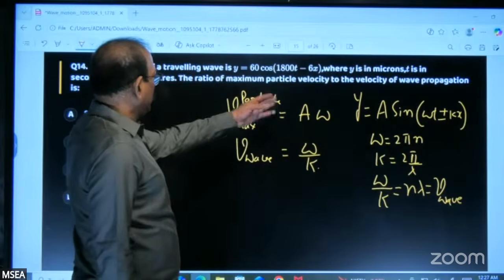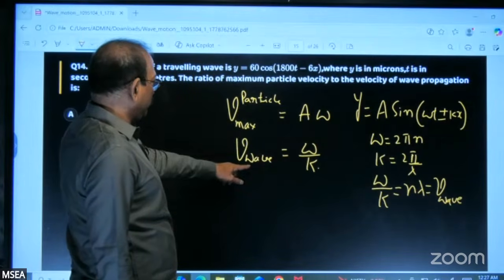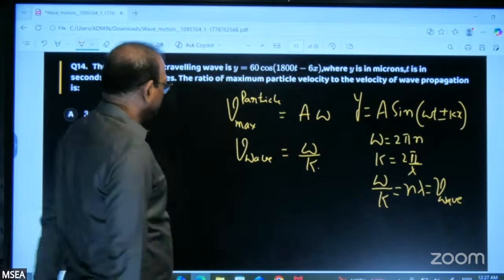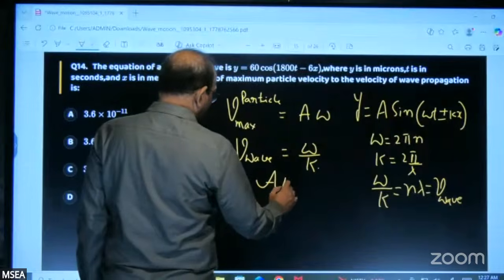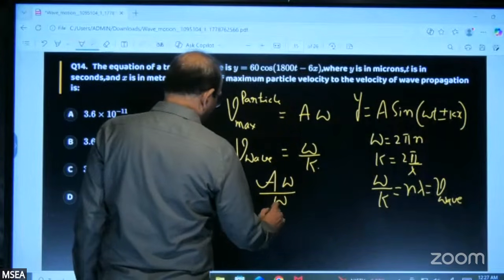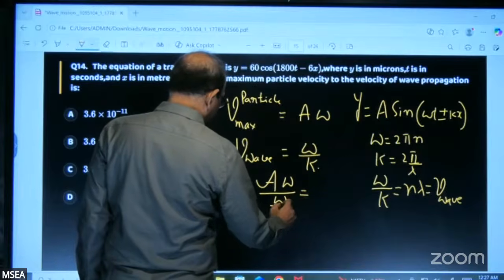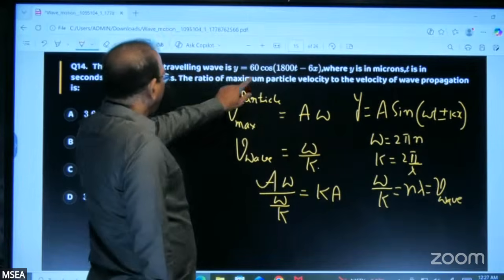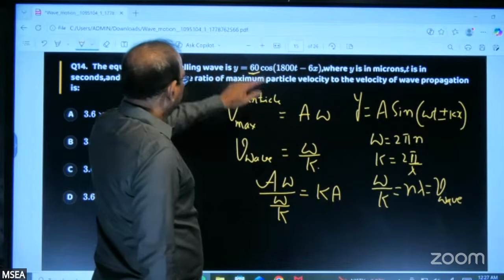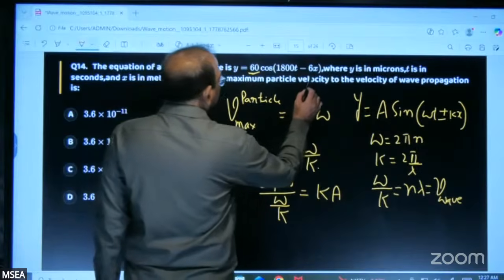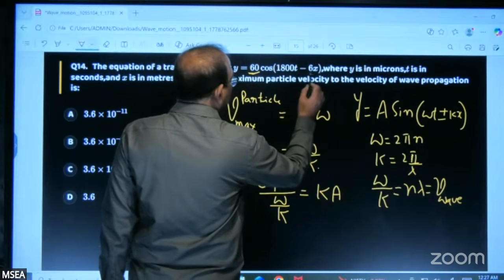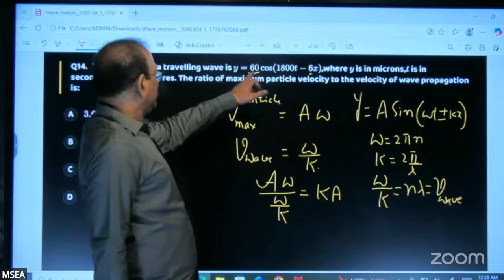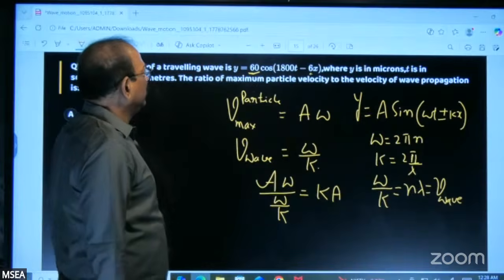It is asking the ratio of maximum particle velocity to wave velocity. Means A omega by k over omega by k, omega cancels, so Ak. Here A is 60, and in place of k, 6 is there.